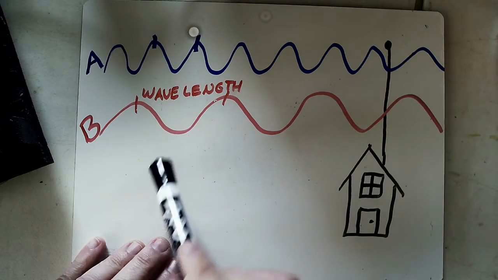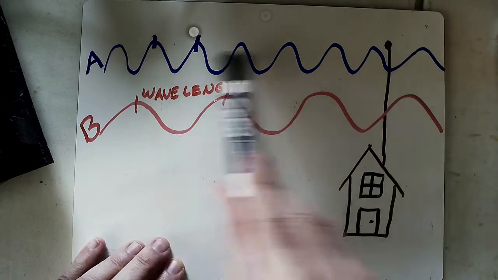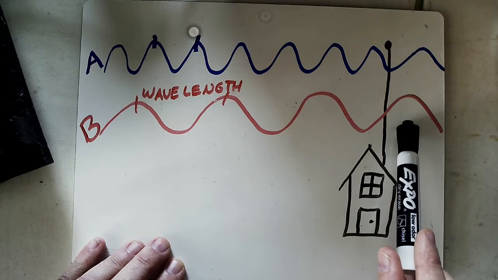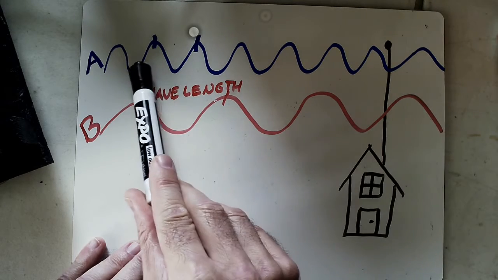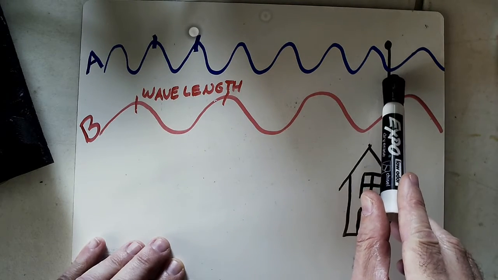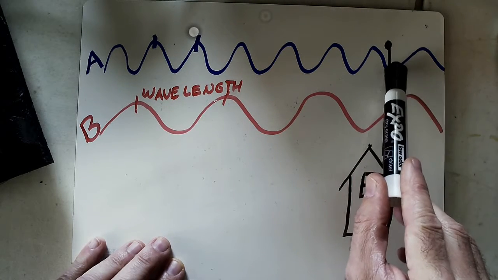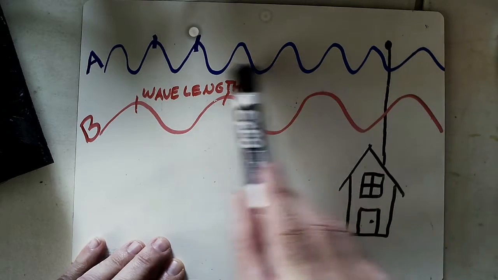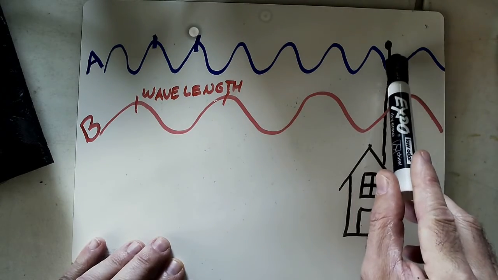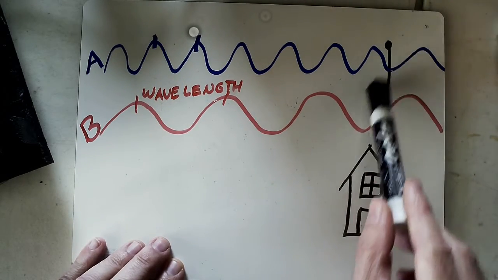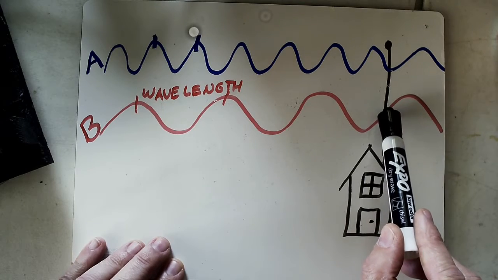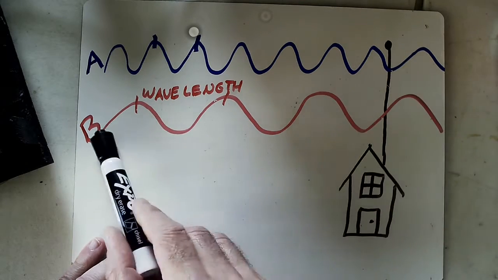So just to go over frequency again, these are both traveling at the same speed. They're both traveling at the speed of light. But wave A has a higher frequency. Frequency is the measurement of how many crests are passing this point every second. So A is going to have more crests passing by this point every second compared to wave B, right?